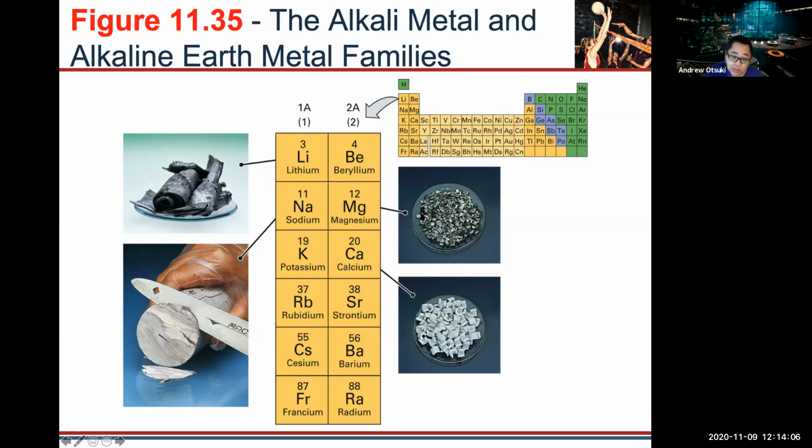Magnesium has a luster to it, whereas calcium does not. These are examples of the two groups of metals that we see every day: magnesium, calcium, potassium, sodium, lithium, barium, stuff like that.